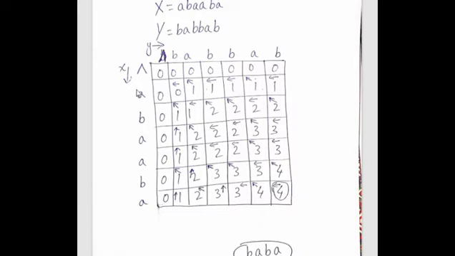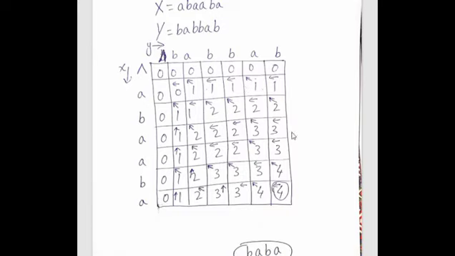But if both the characters match, then you add 1 to the diagonal value and fill that box. In the same way you can complete the entire table, and in the end you can determine how many characters our longest common subsequence will have.